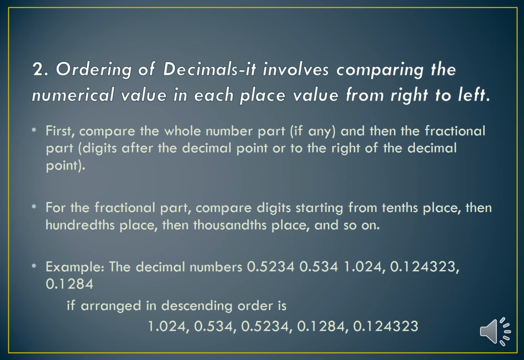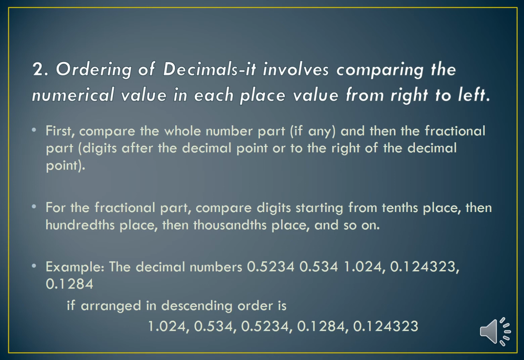Next, ordering of decimals. It involves comparing the numerical value in each place value from left to right. First, compare the whole number part. If there is any whole number, we can find it from the decimal point going to the left.